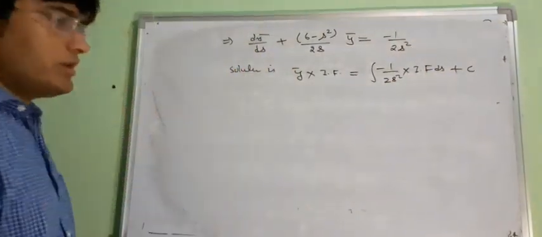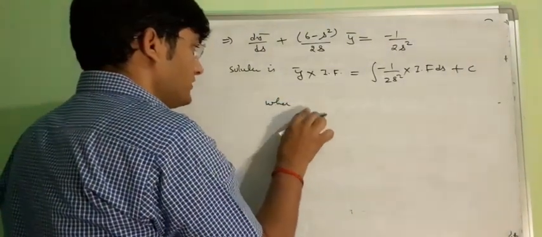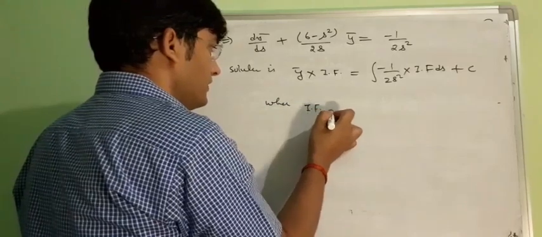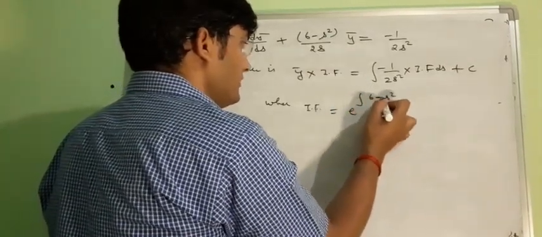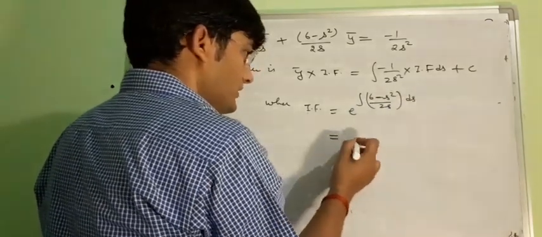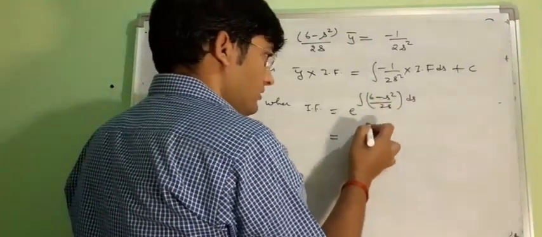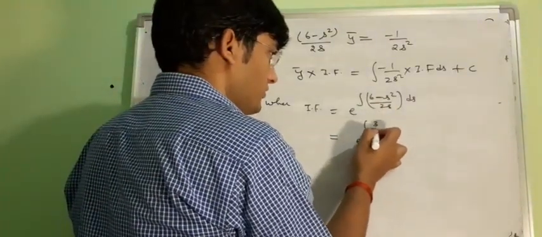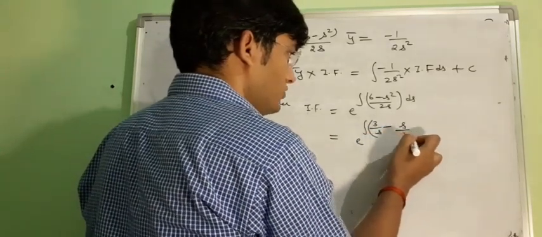Now let us compute the integrating factor, where integrating factor means e to power integration of 6 minus s square divided by 2s ds. Now you can see that this will be e to power integration of 3 upon s minus integration of s upon 2.